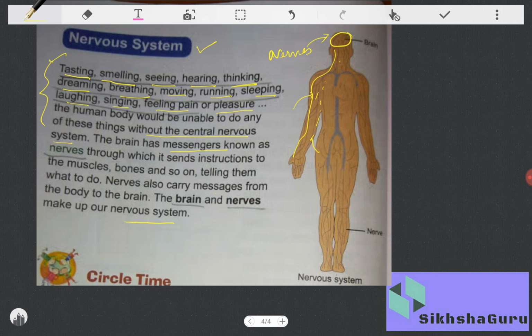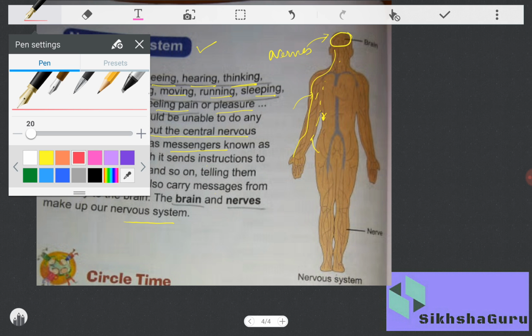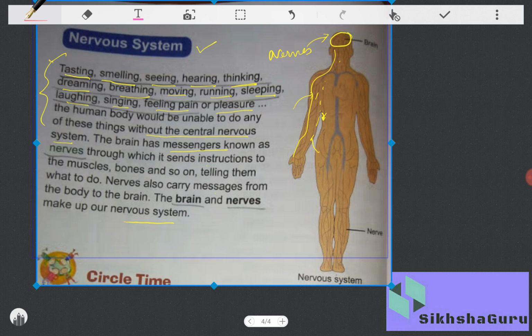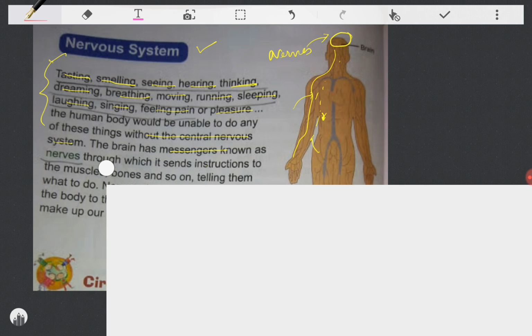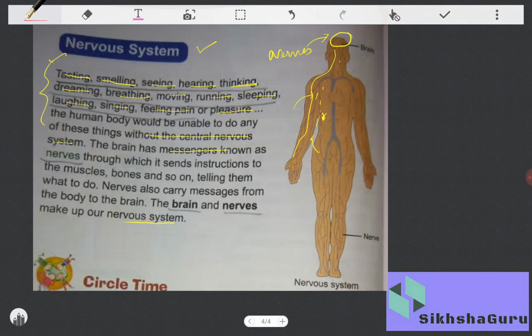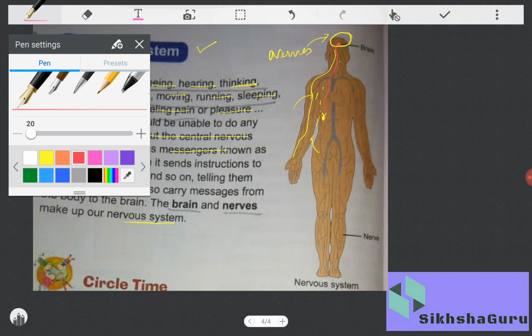What happens? Suppose a mosquito is sitting over here and biting you. So the pain message, you are feeling pain over there. This message is going to your brain. What does the brain do?